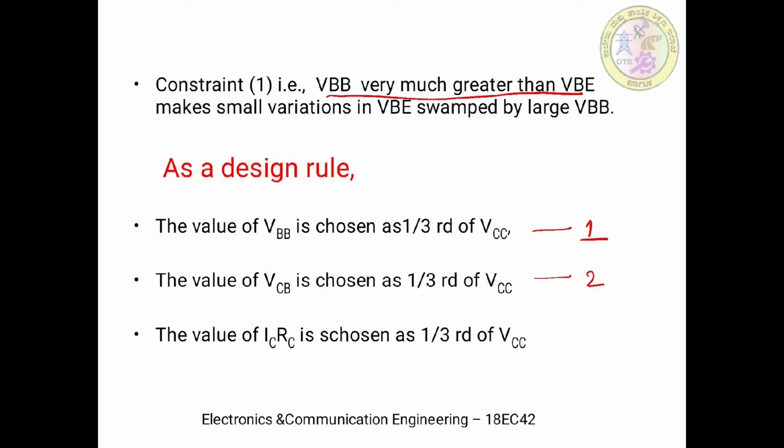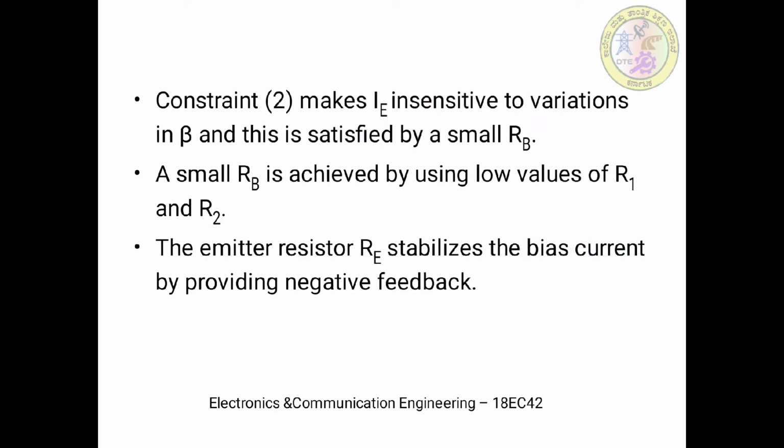Similarly, the value of IC into RC is again chosen as 1/3 of VCC. Therefore, whatever VCC you apply is supposed to be distributed in this ratio: 1/3 of VCC at VBB, 1/3 of VCC at VCB, and 1/3 of VCC across IC and RC. So this is the design rule.